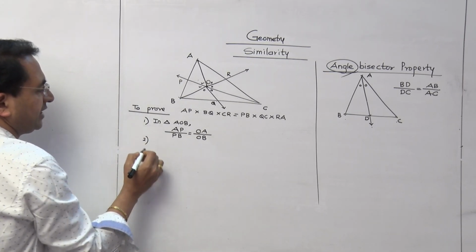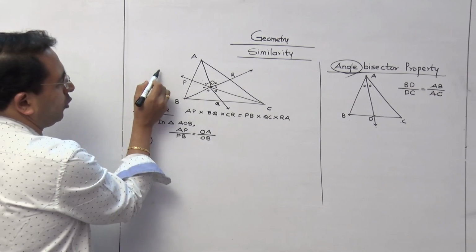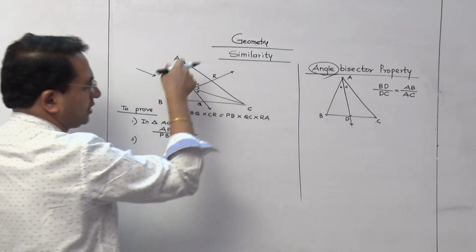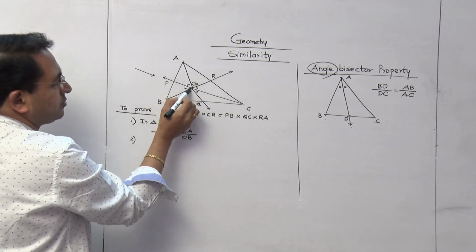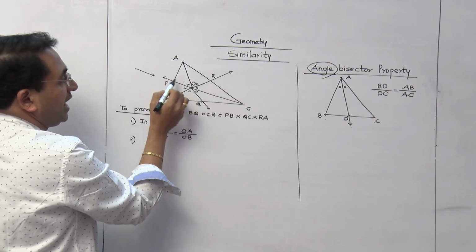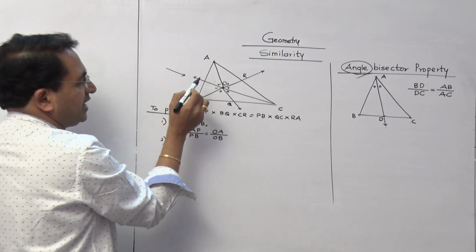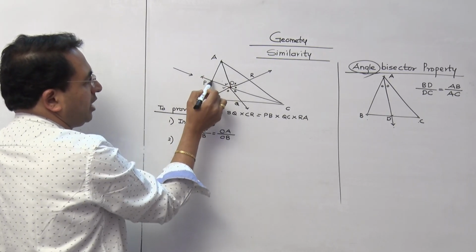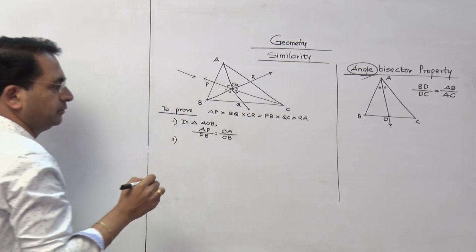We have to apply this theorem here, the angle bisector property. If you observe the figure from this side, that theorem works here. OP bisects the angle, but it divides the opposite side AB in the ratio AP upon PB, which is equal to the ratio of the remaining sides.